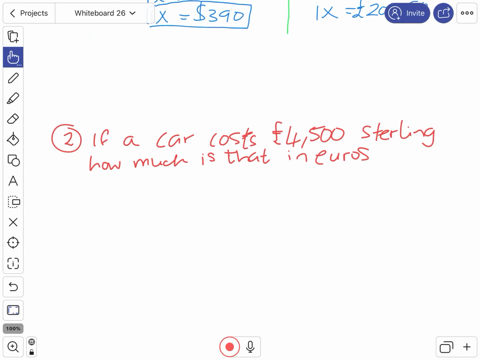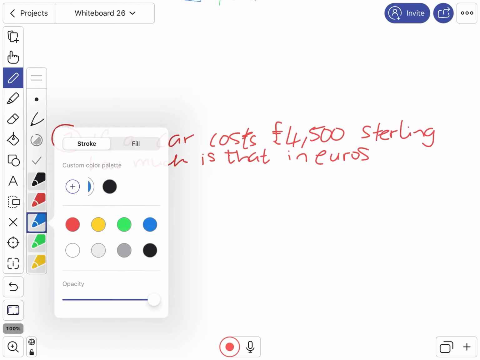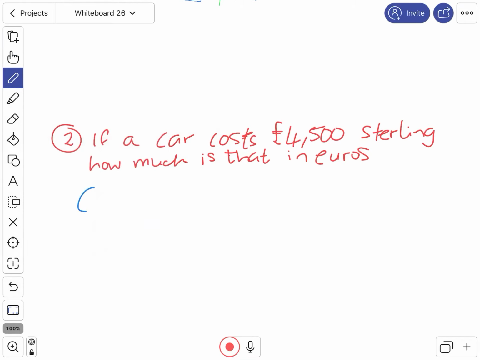because it's not always going to be multiplying, so we have to be careful with that. So if I look at this question here, I have, if a car costs 4,500 sterling, how much is that in euro? So I'm going to use the same sterling rate that we had earlier, unless you're told otherwise. So the one that I was told earlier was that €1 is, in sterling, 0.81, okay?